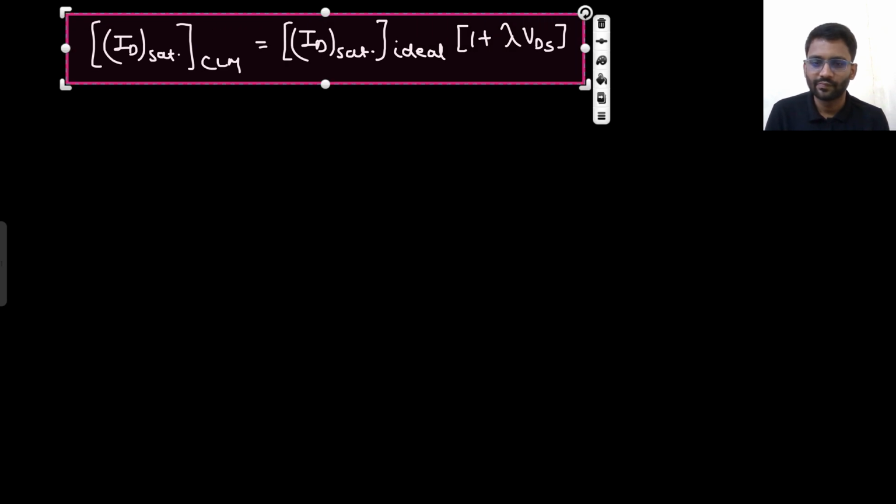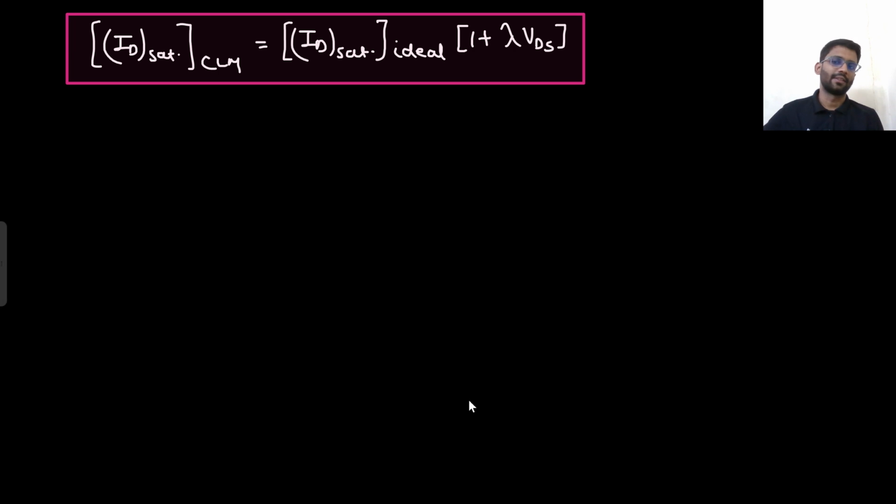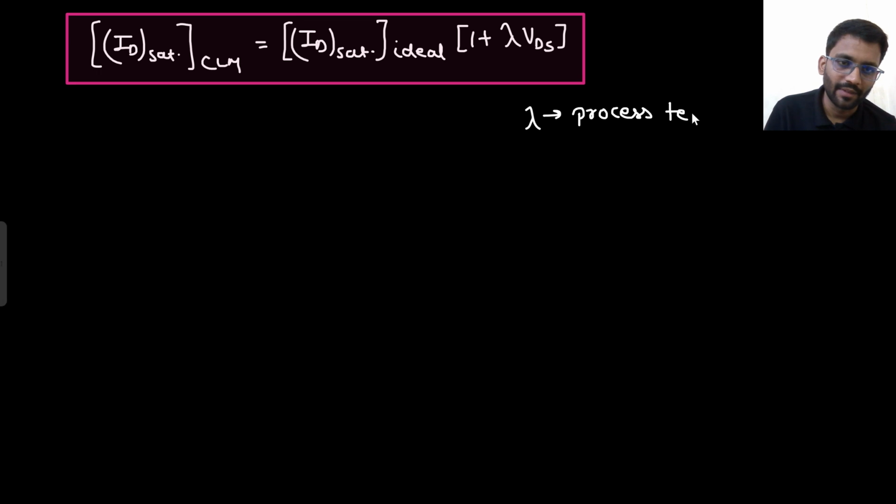This will be the formula. So ideal current only, but here it is linearly depending on VDS. 1 plus lambda VDS. What is lambda? Lambda is known as process technology parameter.